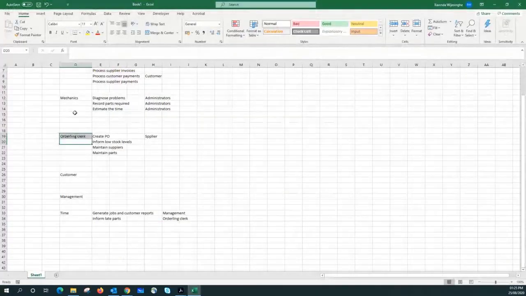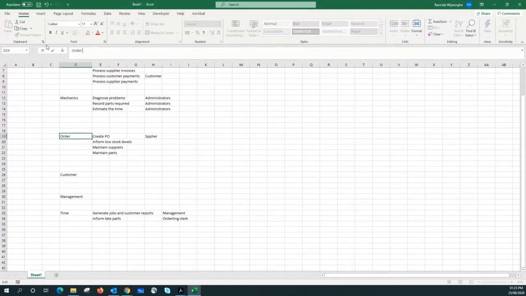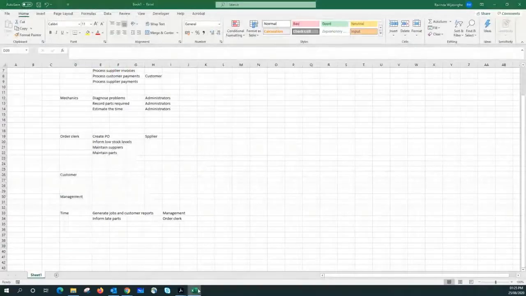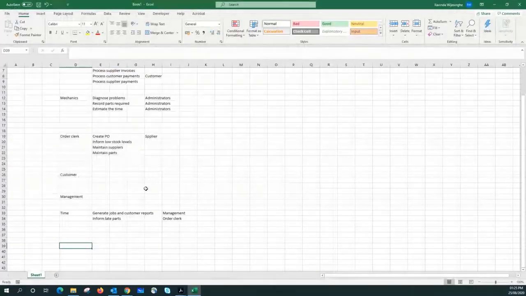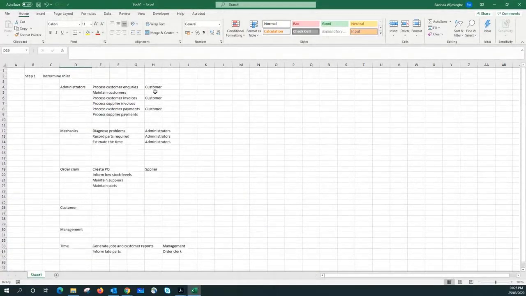So actually, we can write just order clerk, not order. That's a better name. Okay. Now here you can see the customer is listed as a secondary actor, but it's okay.